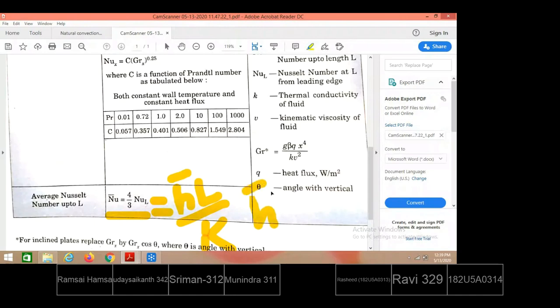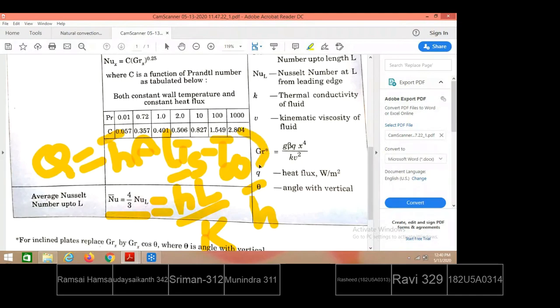Once h bar is obtained, Q equals h bar A delta T, where delta T is Ts minus T infinity. This is how the heat convected under natural convection is estimated.